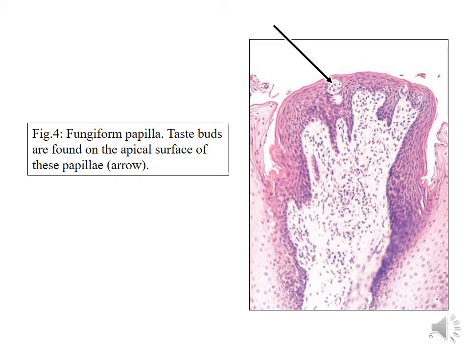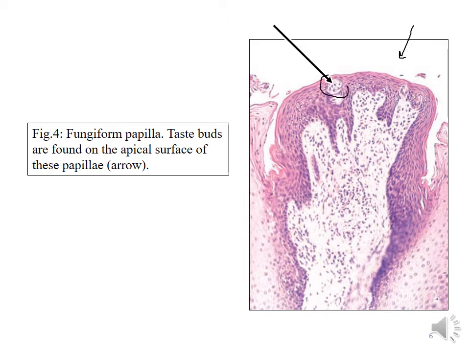The fungiform papilla, as can be seen here, is another type of papilla found in the tongue. These papillae serve for taste sensation, and therefore they have taste buds. The taste buds in the fungiform papilla are found on the apical surface of the papilla.